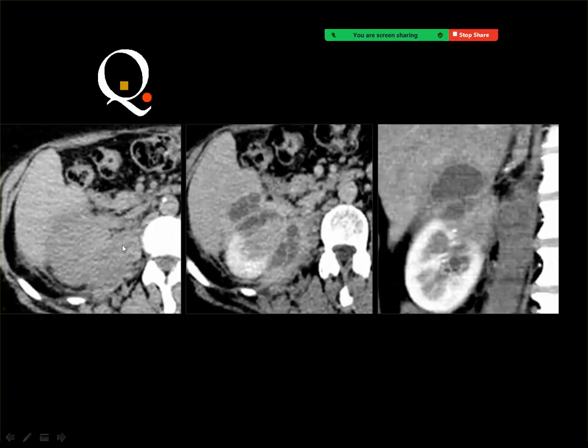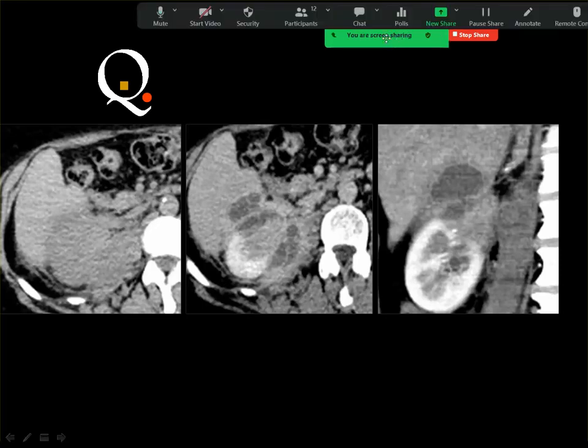In this case, you see an axial CT without contrast, with contrast, and coronal reformatted images with contrast.